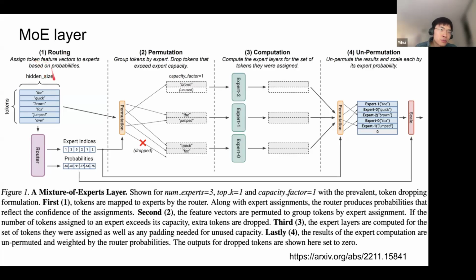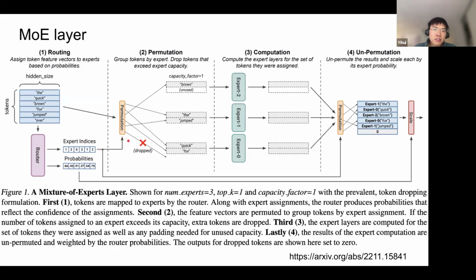Given the input tokens, for example, here you have 6 tokens: the quick brown fox jumped over. They go through the router. The router is simply a matrix that is applied on these tokens. It generates the probabilities, and we pick the highest probability as the router's selection. So here the expert indices are the experts which have the highest probability on these tokens.